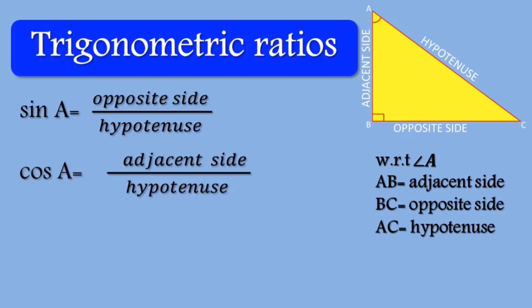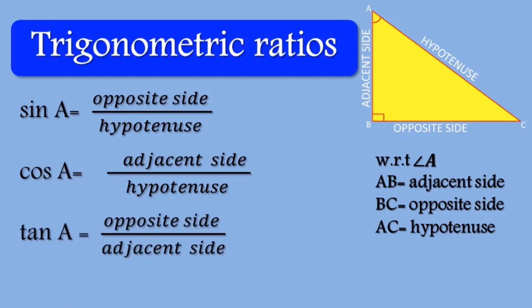Cos A is equal to adjacent side upon hypotenuse. Tan A is equal to opposite side upon adjacent side. It is here that the students start losing their interest as they fail to recall these ratios correctly when needed.